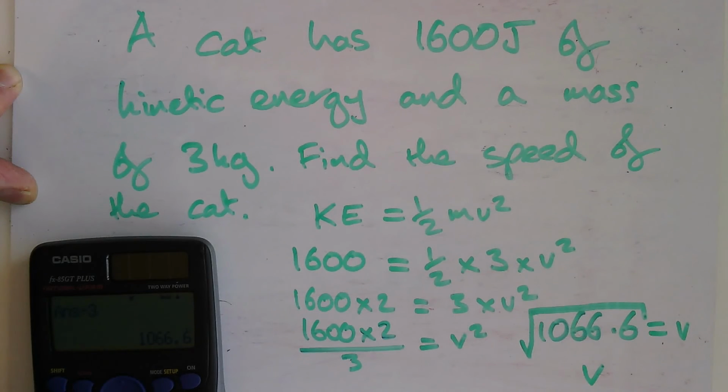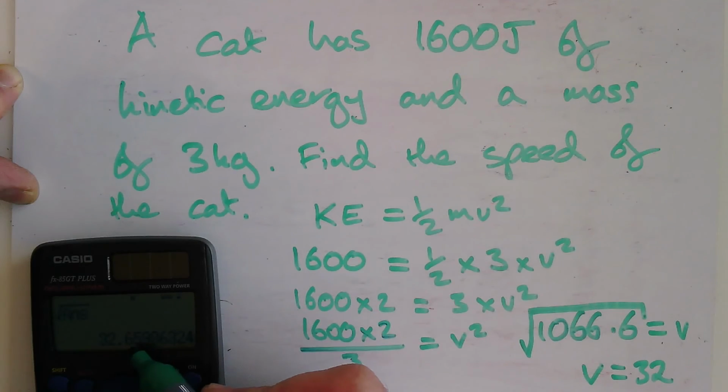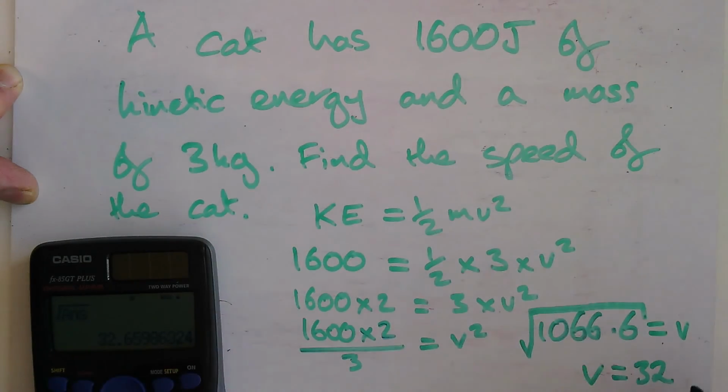I'm just going to press square root, answer, return. Gives me a speed of 32.65. I'm going to round this up to 32.7. And I'm a physicist who's running out of space. Meters per second, as it disappears off the screen. Try that one again, perhaps.